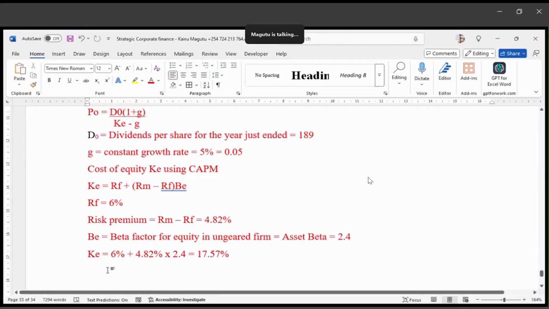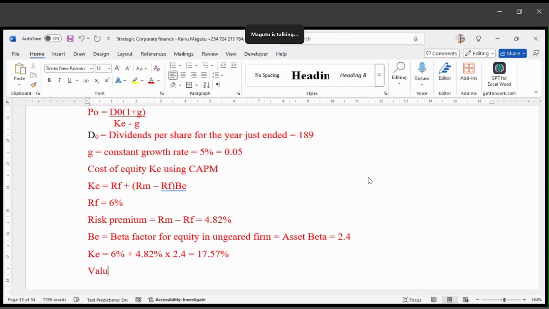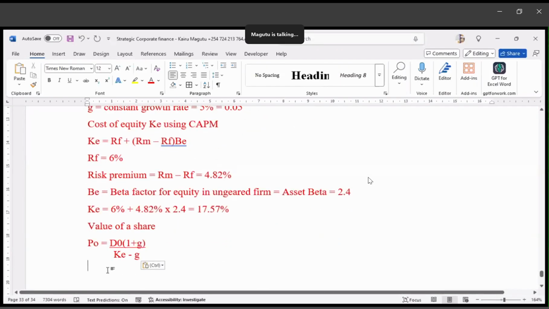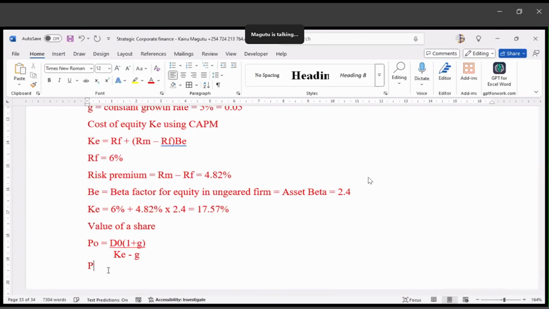So the value of a share for this company, P naught, is equal to the dividend for the year just ended. I think it was 189. Was it 189 or something? The dividend for the year just ended. Do I get it somewhere in the question?